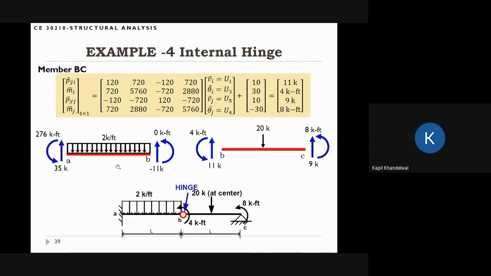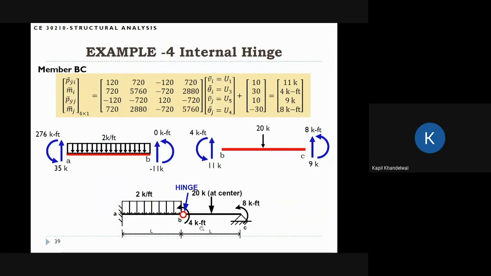So I'm now showing the member forces for the 2 cases in free body diagram format. Interestingly, you can see that these 2 numbers correspond to the support reactions at A. And if you look at the hinge at B, on the right side of B, the moment here is actually 4.